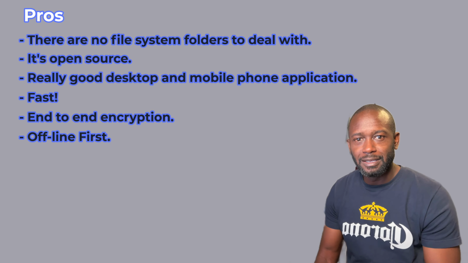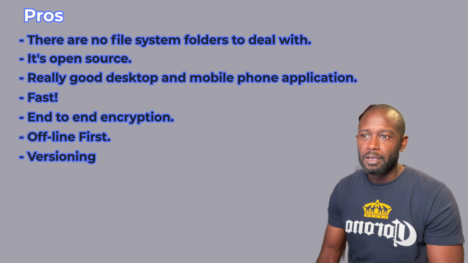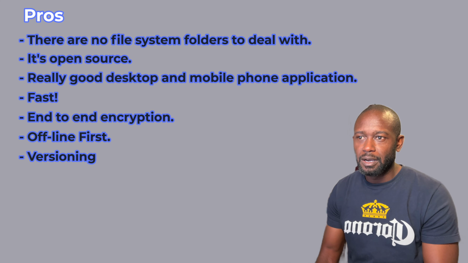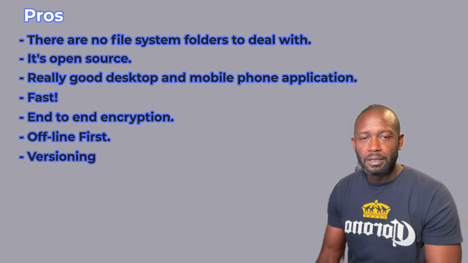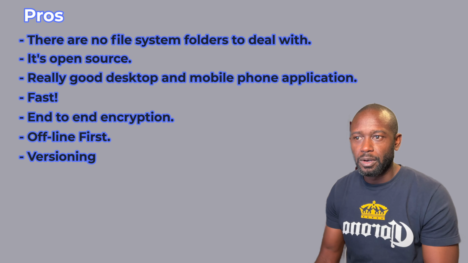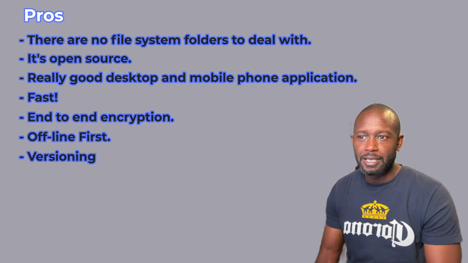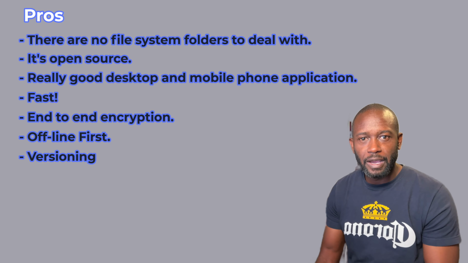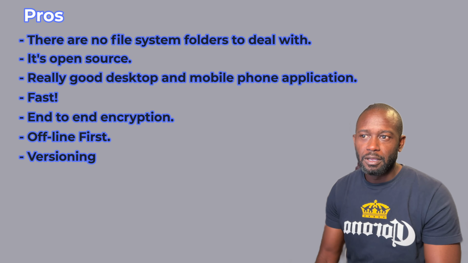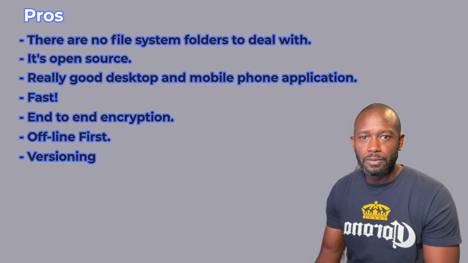Version history is another pro with AnyType, and this is again another big one for me. Kind of those big ones are end-to-end encryption, offline first, and this version history, where it's not just a Control Z, where if you fat finger something or delete something, you just do an undo.